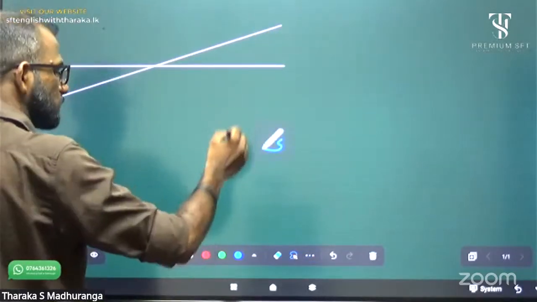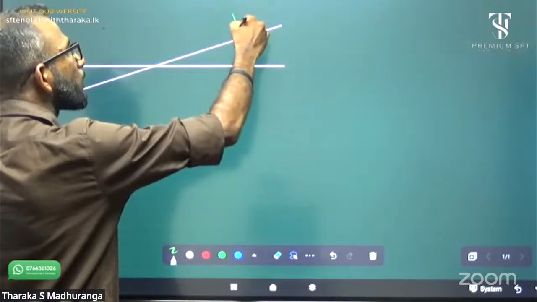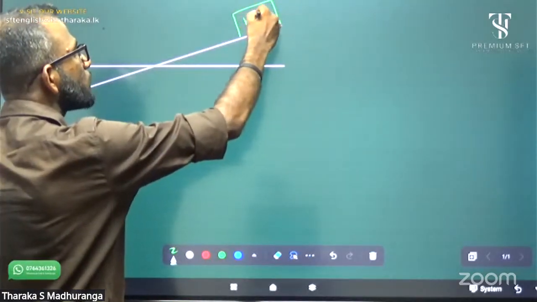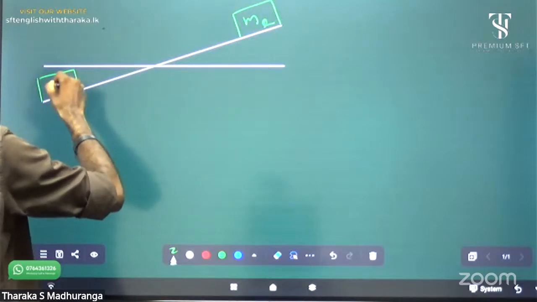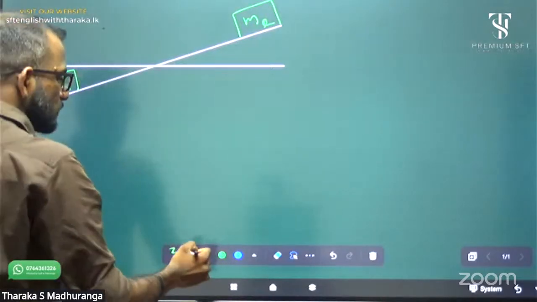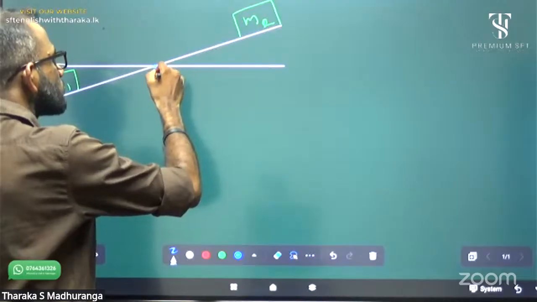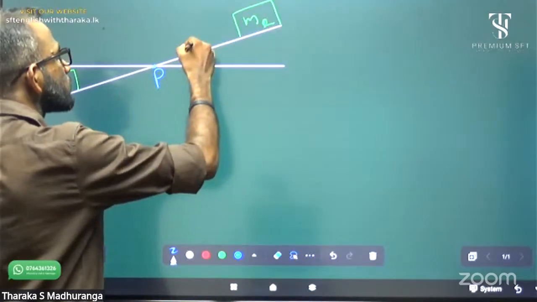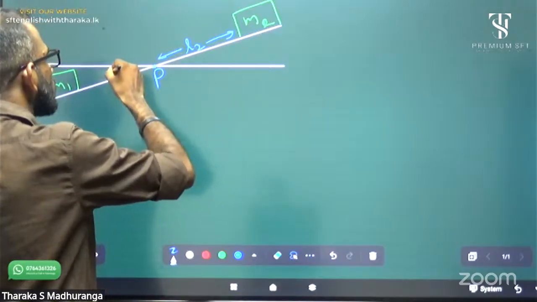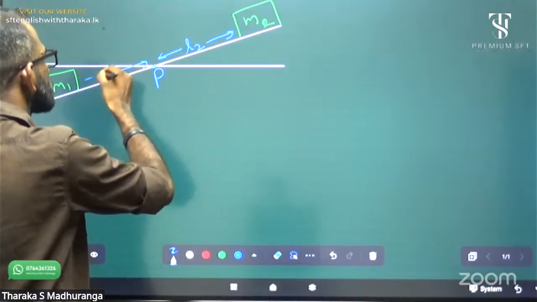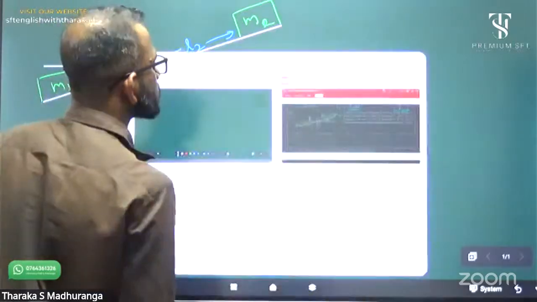This is M2, M1. This is the fixed point P, and this length is L2, L1, right?